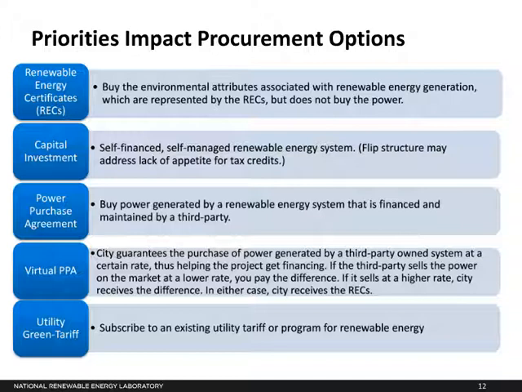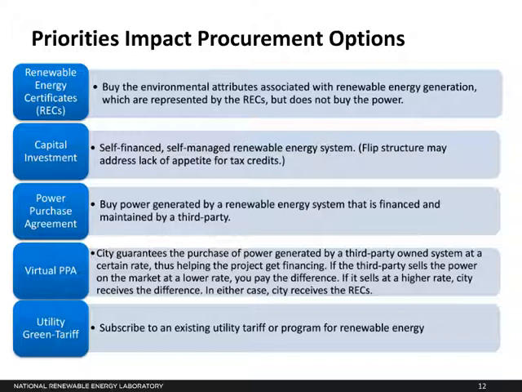So how do your priorities impact which option you end up choosing? Say, for example, that your priority is to catalyze new renewable projects. With the REC purchase, you are unlikely to be stimulating new projects. And with a standard PPA, you may or may not. But with a virtual PPA, you're more likely to be supporting a new project to be built and the financing of that system through your guaranteed price.